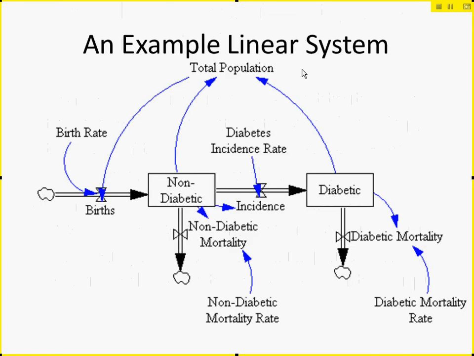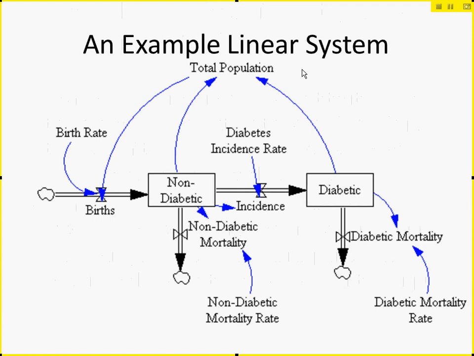Okay, so I just created this before class. Here's a reasonably simple, a little bit textured, linear system. Now, I deliberately designed this system so it would exhibit some properties that are not trivial. So we have here, for example, a birth rate, which applies to the total population.